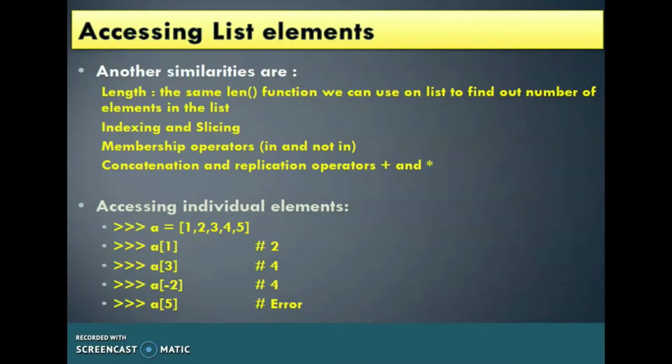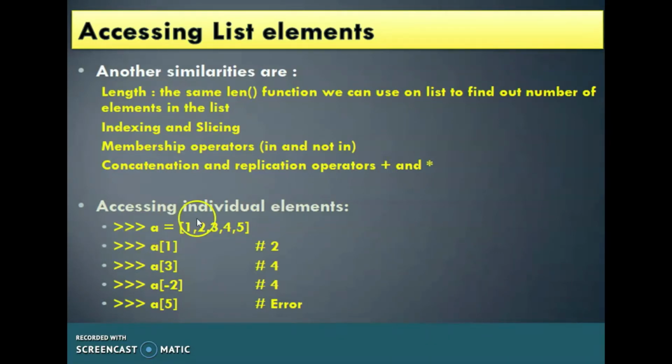Okay. Then membership operators, that is in and not in. In means that will check whether the element is present in the list or not. Not in does the opposite. Okay.